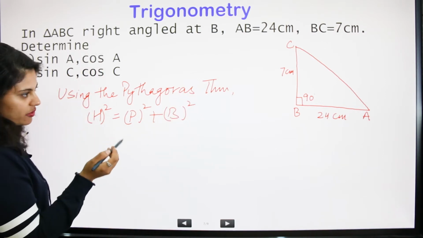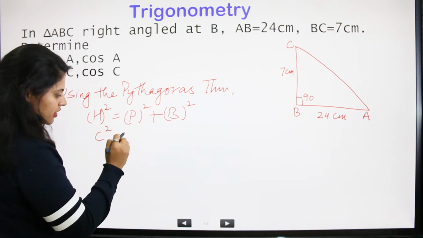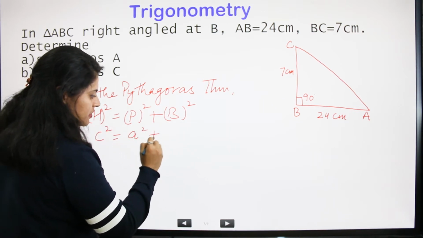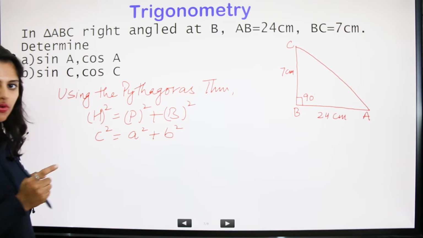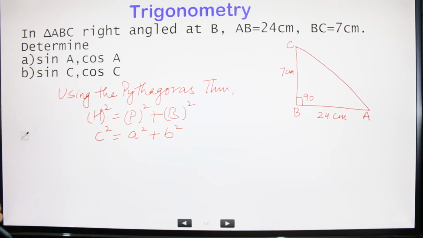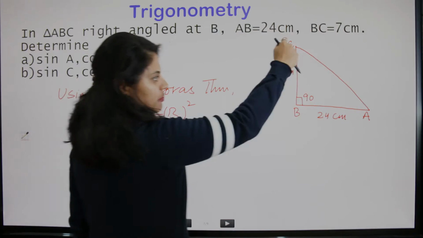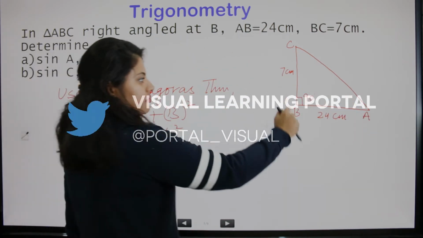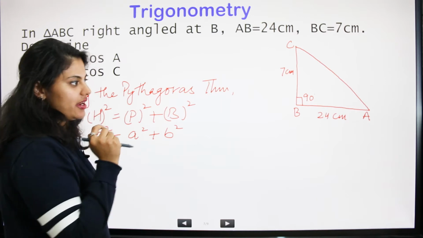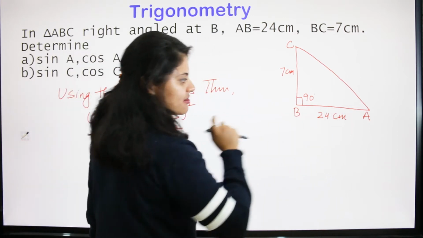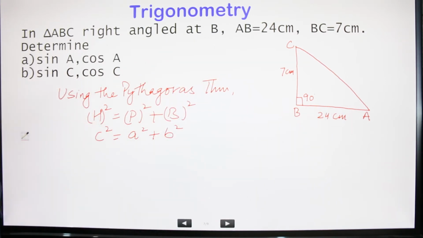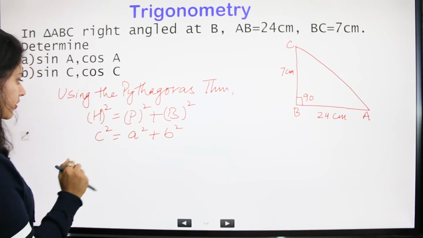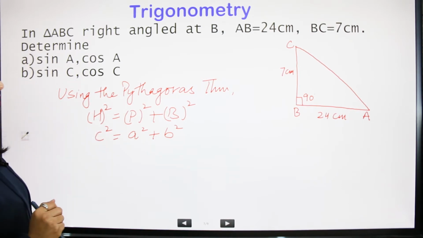Or you can also write this as c square is equal to a square plus b square. Normally in the books you can see it written like that. Here the hypotenuse side is CA, which is the longest side of the triangle. BC is the perpendicular side and BA is the adjacent side, or we can say the base side.